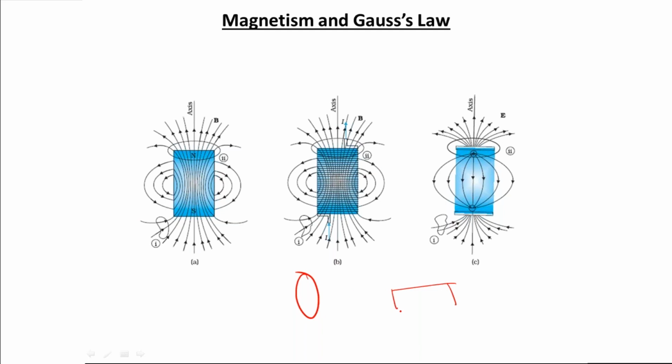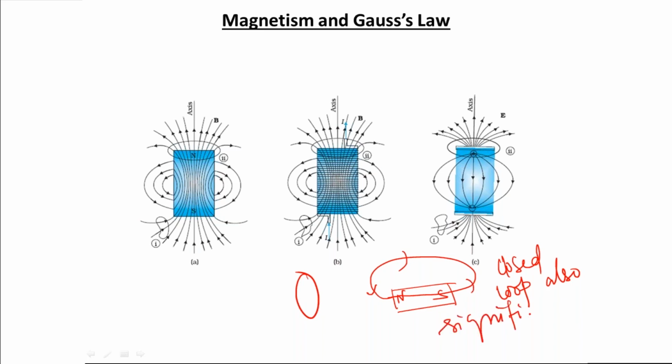Magnetic field lines all the way go like this, so this is a closed loop. The closed loop nature of the magnetic field lines also signifies that monopole does not exist.